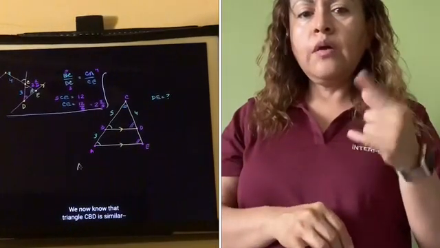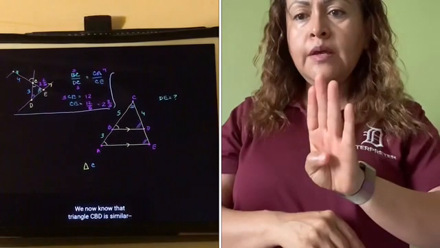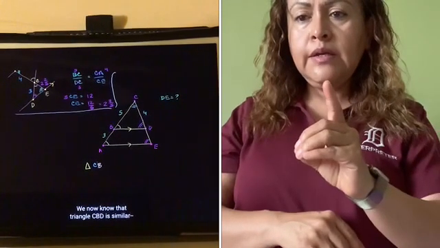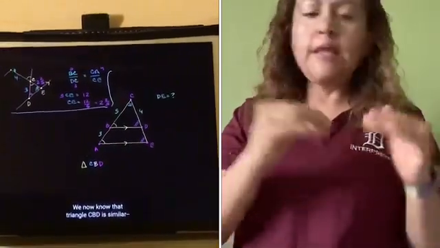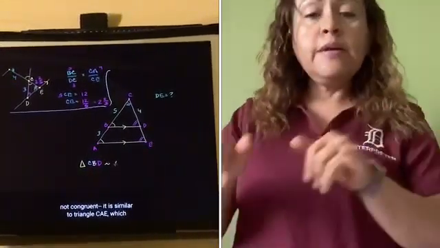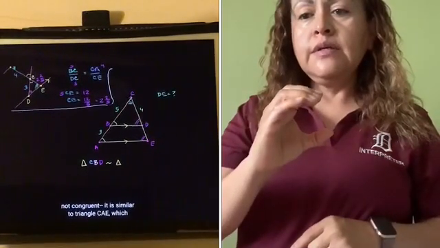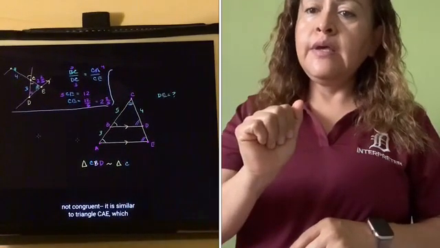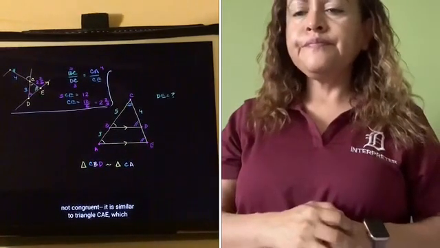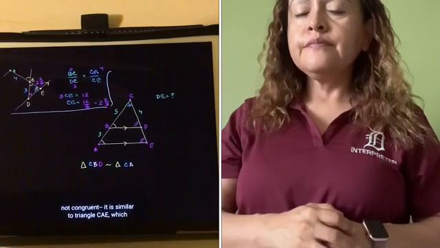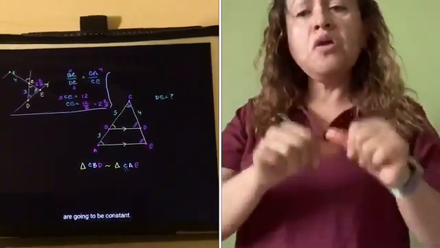We now know that triangle CBD is similar, not congruent, to triangle CAE, which means that the ratios of corresponding sides are going to be constant.